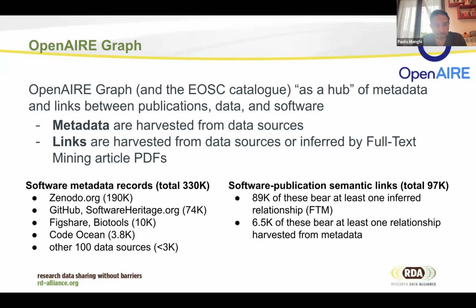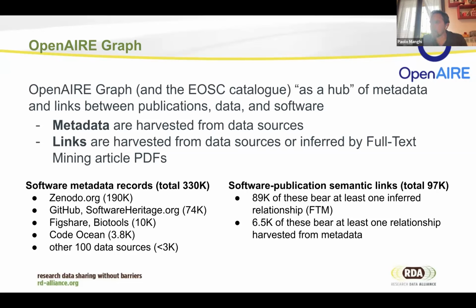That makes a big difference. Actually, it's supposed to make a big difference in terms of the distinction between research data and research software, and of course, research publications, and how these are interlinked. As you can see here, this is the total number of records that we have, more than 330,000, which is a good number.